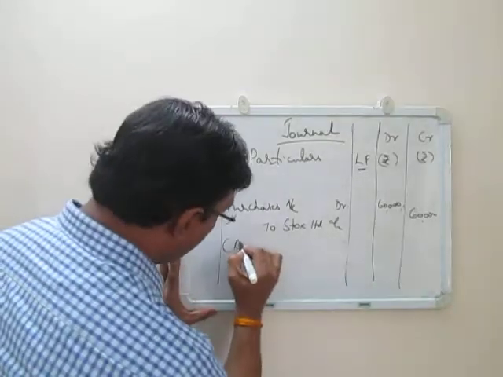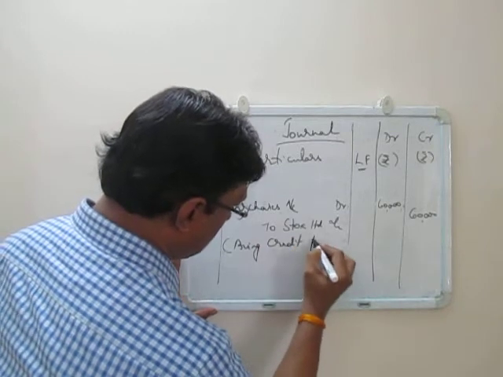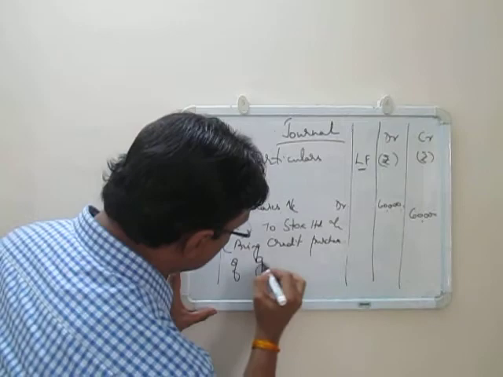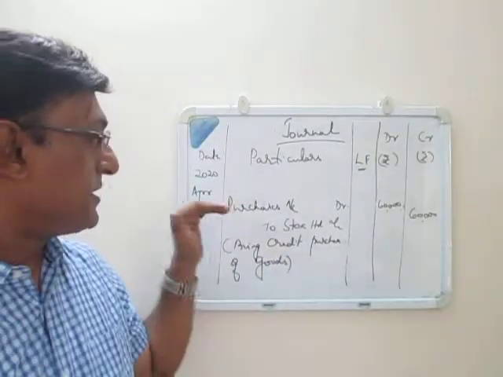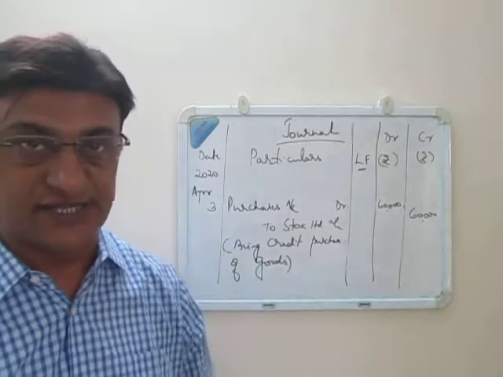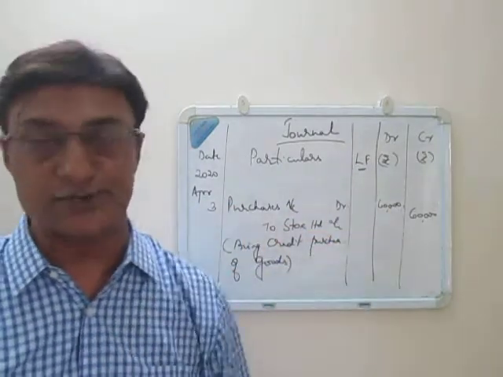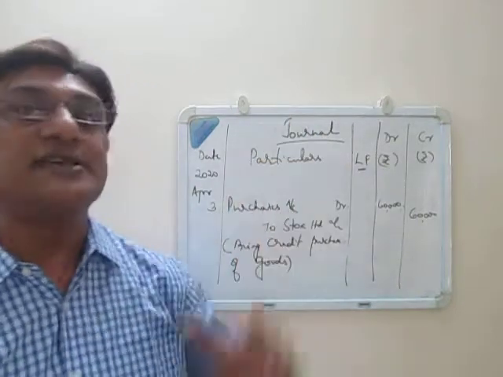It's called a narration. Being credit purchase of goods. Purchases account Dr. 60,000 to Stocks Limited account 60,000. So with the date we have summarized that transaction.